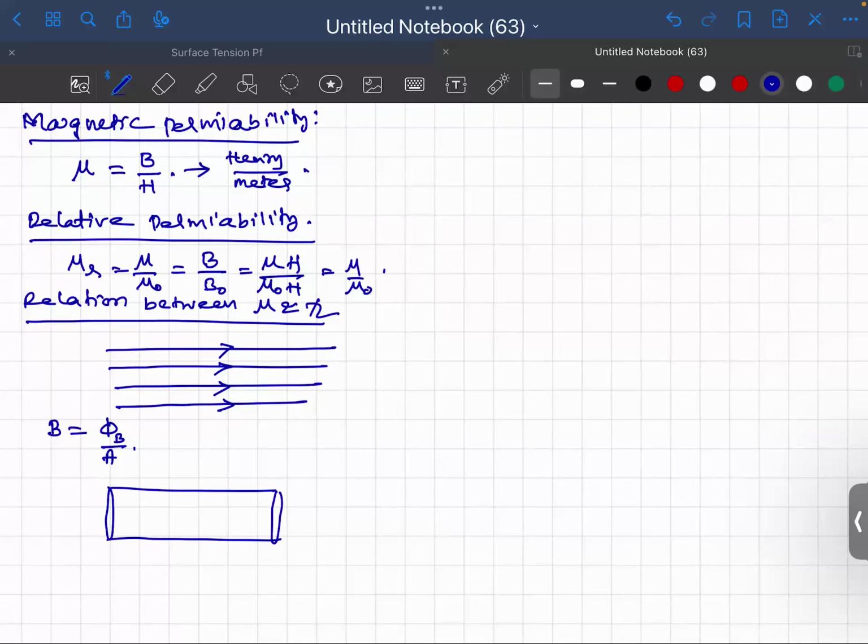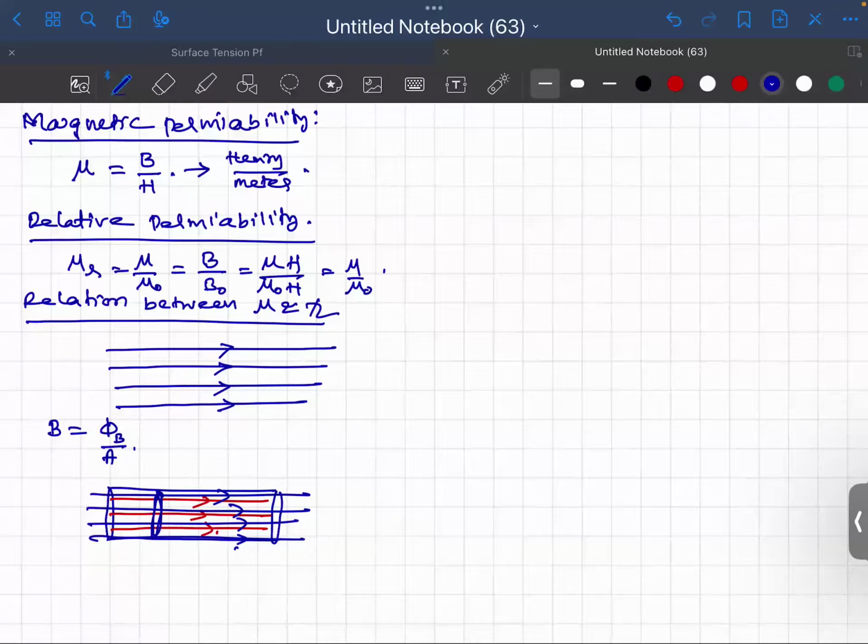Now inside this material, the lines are due to two reasons. One due to magnetization of the material, the other due to the magnetizing field. You can see the total number of lines inside is due to two reasons, red color and blue color.